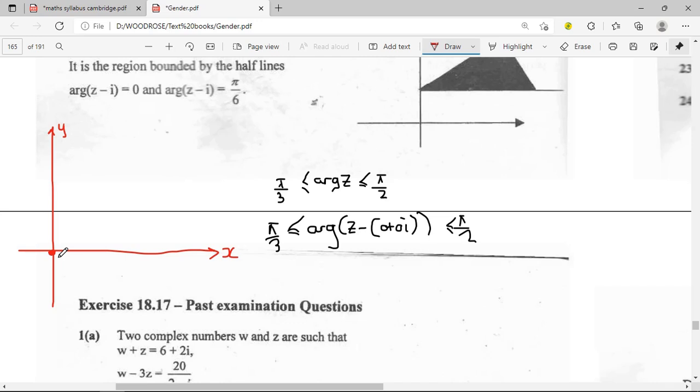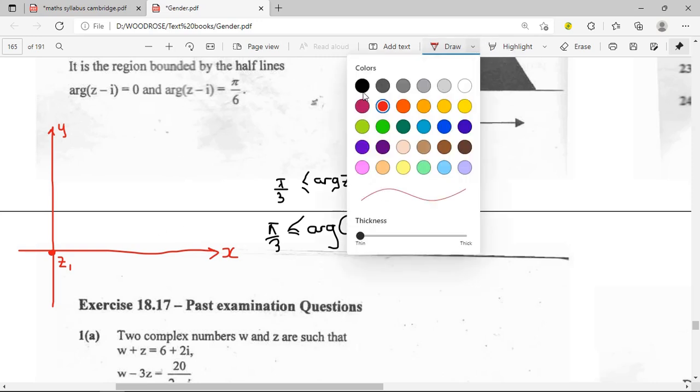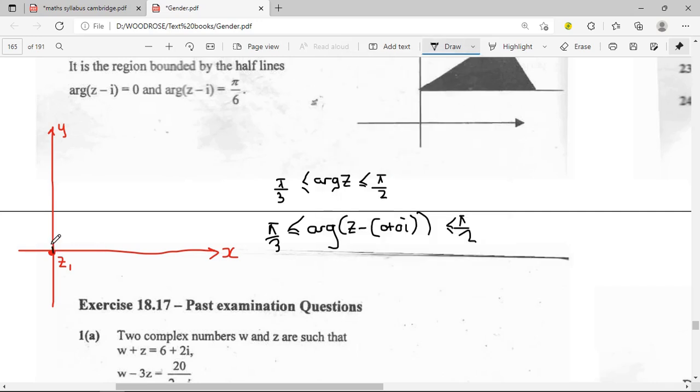So here there are two angles. With the angle of pi over 2, pi over 2 is like 90. So at z1 we draw 90. It's along this y-axis. So here we indicate pi over 2. We are measuring from z1.